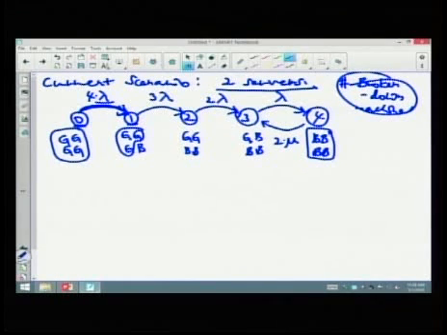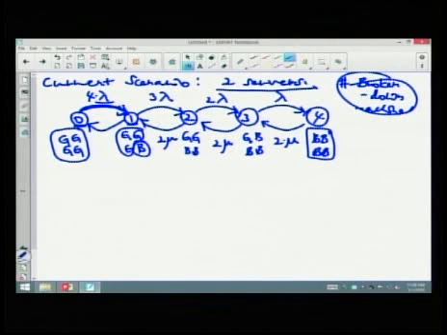Although there are 4 machines broken down, since only 2 servers are available, here 2 times mu, 2 times mu, right? But here, since there is only 1 machine broken down, the service rate would be 1 mu. Does that make sense? So in that case, you should be able to get the pi 0 value.